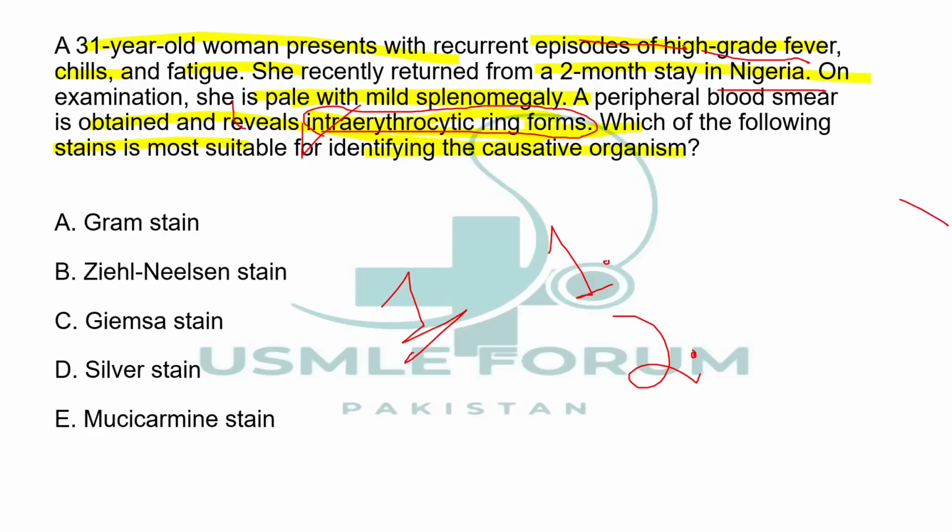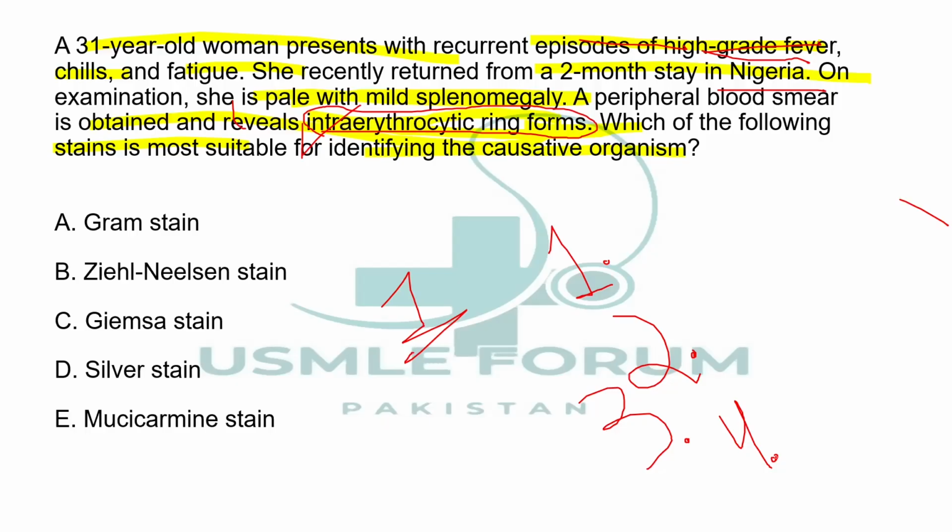And then we need to look at the symptoms. So high-grade fever, chills, and fatigue. This is your third clue. And splenomegaly can be a fourth clue because there is destruction of the RBCs. But these three things you have to remember. Number one, intraerythrocytic ring forms. Number two, the place they have traveled: is it malaria endemic or not? And number three, what are the symptoms? High-grade fever, chills, fatigue.